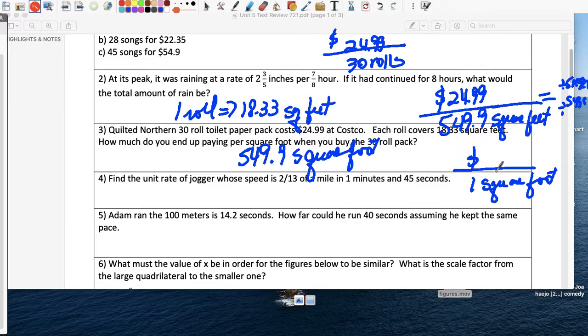Every square foot, 0.05 dollars. So let's think of a tile in your classroom. If you look at the floor in the classroom, one of those square tiles is about a square foot tile. So every square foot of tile, every area of that size, costs about 5 cents.